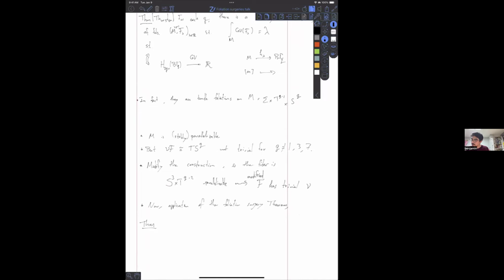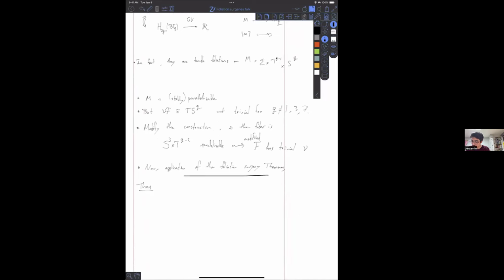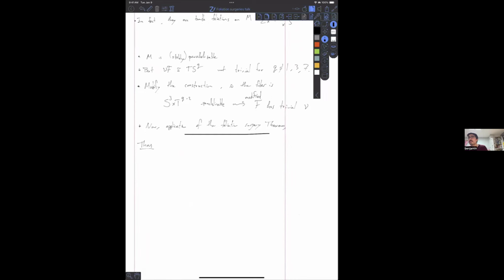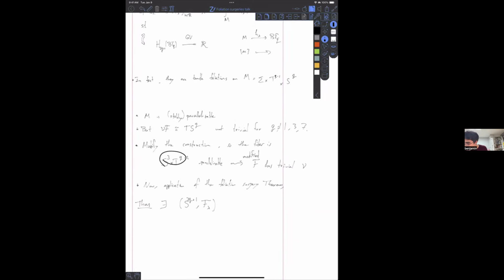And so now you can apply that theorem I had on the last page and do these foliation surgeries, which preserve this Godbillon-Vey number. And so there exist foliations on the sphere, reasonably explicit, as explicit as doing surgery on this. Wait, no. It's the fiber.